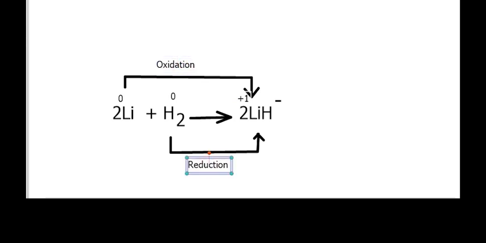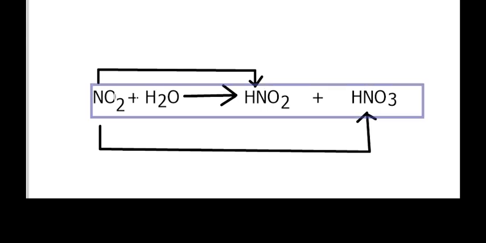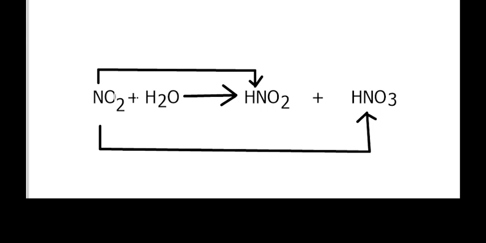Why? The oxidation number of hydrogen reduced from 0 to -1. Then in the third case, on the reactant side, here in this reaction we have nitrogen(IV) oxide reacting with water, dissolving in water. On the reactant side, the oxidation number of nitrogen is +4 as the compound is called nitrogen(IV) oxide.